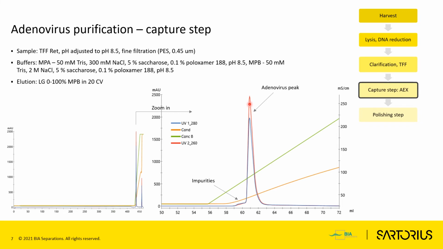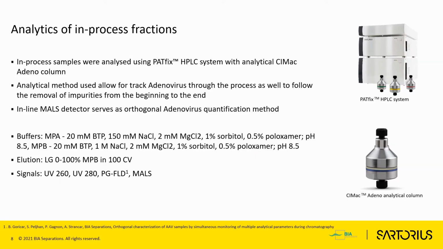Fractions collected during chromatography were then analyzed using our HPLC system with analytical CIMac adeno column. The developed analytical method allows us to track adenovirus through the process and also to follow the impurities removal from the beginning of the process to the end.